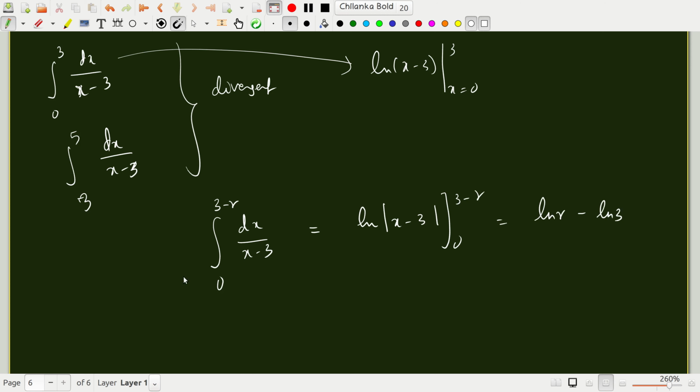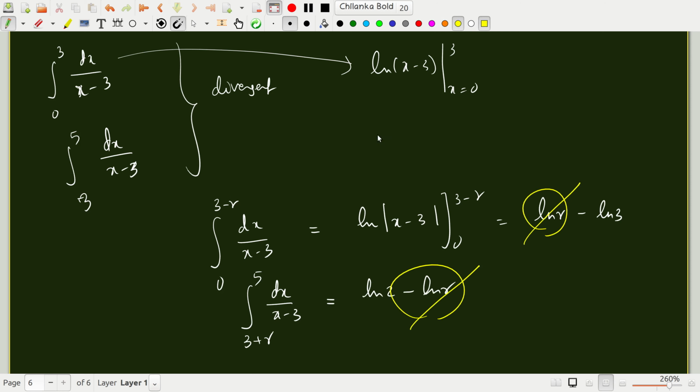But in the same vein, if I go from 3 plus r to 5 of dx by x minus 3, I will get a piece which is ln 2 minus ln r. If I add these two pieces, note that the ln r divergence will exactly cancel out. So the integral from 0 to 5 of dx by x minus 3 is well defined. It has a well defined answer, ln of 2 by 3. Such integrals are called principal values, or Cauchy principal values.